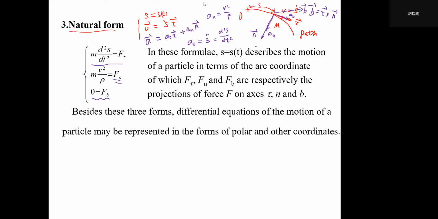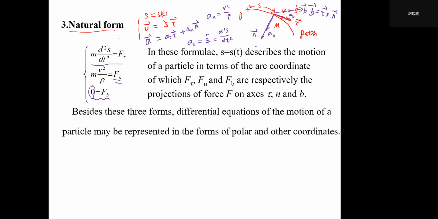So if the force acting on this particle has a component along the b direction, then its resultant, or we can say the principal force, has a projection onto the b direction that is always 0.